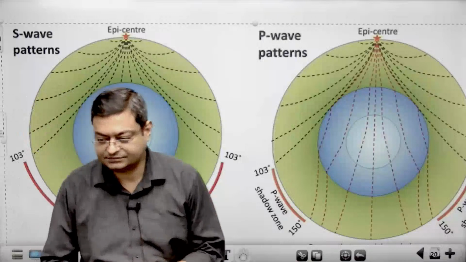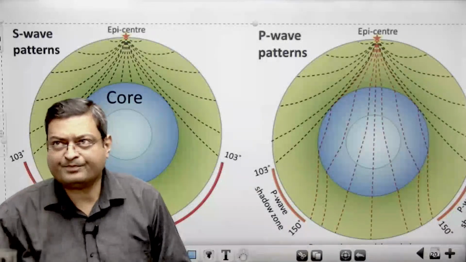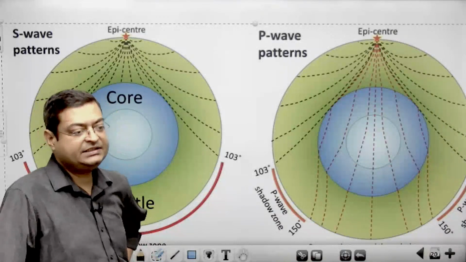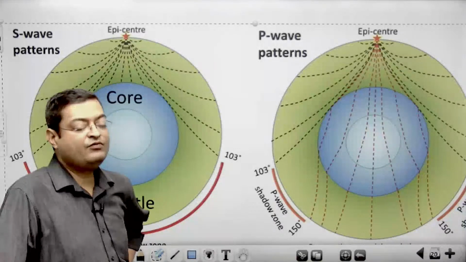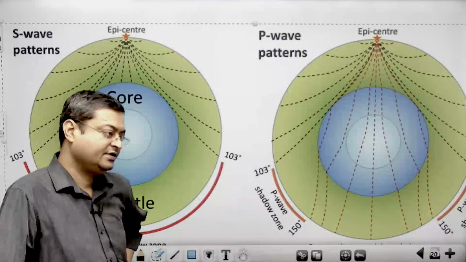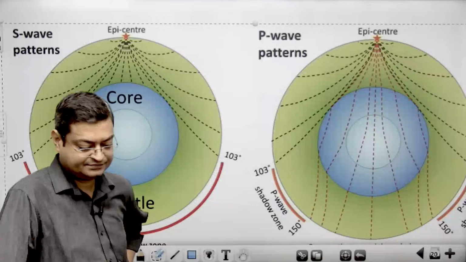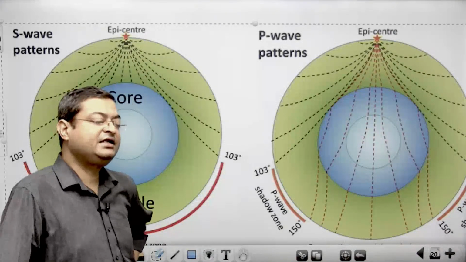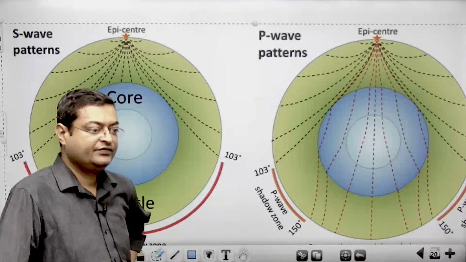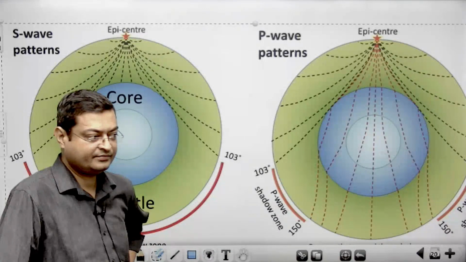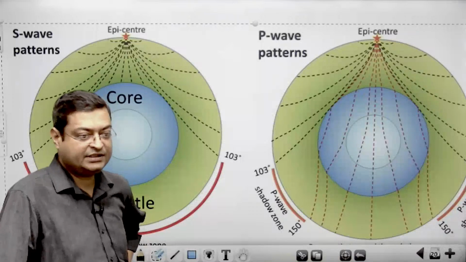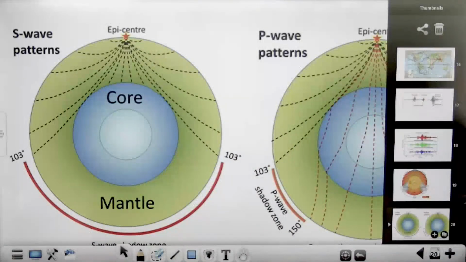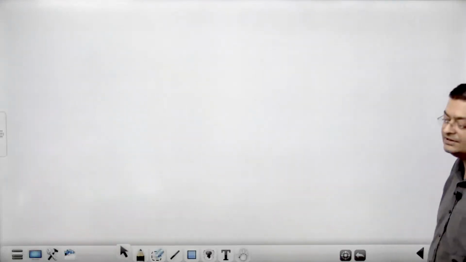S waves are absent from 103 degree to 103 degree in both the hemispheres, which clearly establishes that the outer core is liquid in nature.